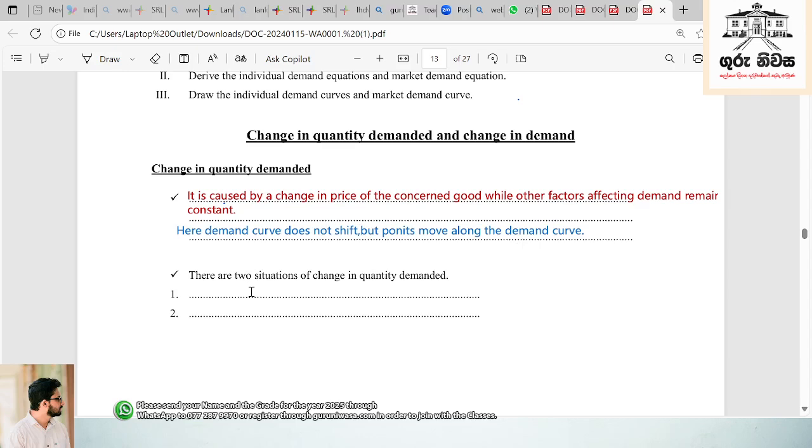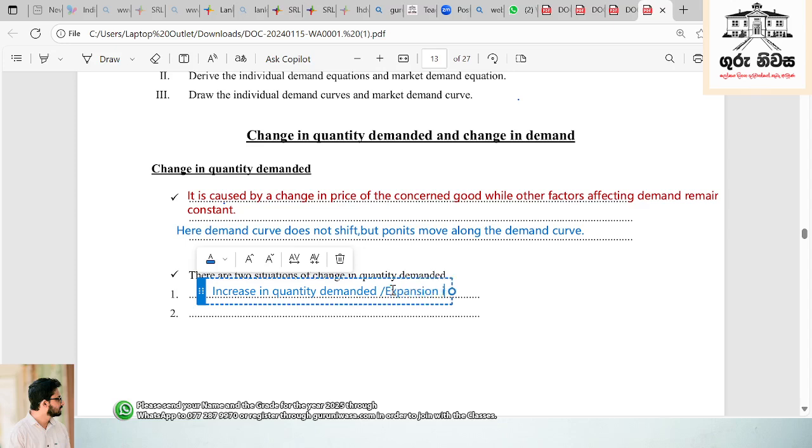There are two situations of change in quantity demanded. Write down the first one: increase in quantity demanded. This is called expansion in demand. Expansion in demand.